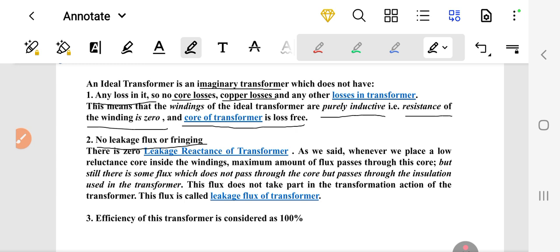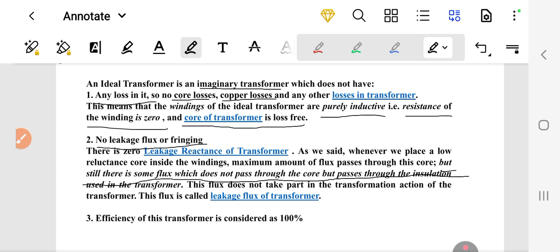Whenever we place a low reluctance core inside the winding, the maximum amount of flux passes through this core, but that does not guarantee that no part of the flux passes outside the core.